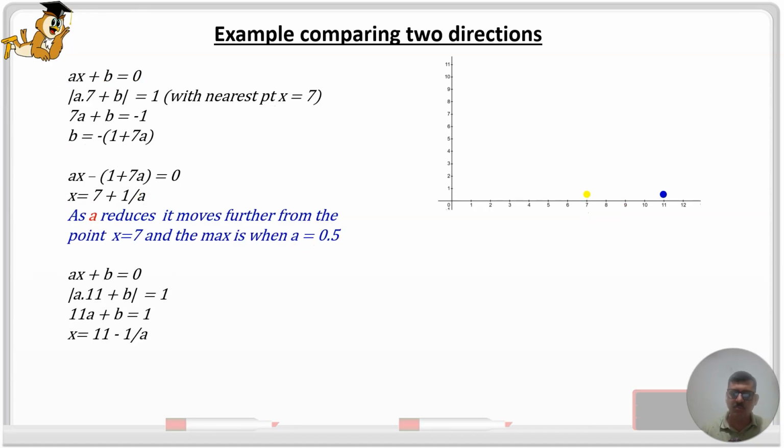Similarly, let's try to go from the other side. Let us say my closest point was x equal to 11. Let's say this is my hyperplane. I substitute x equal to 11. I remove the modulus and do not put a minus sign on the 1 because this point is on the other side of the origin for this hyperplane. 11a plus b equal to 1 and x equal to 11 minus 1 over a.